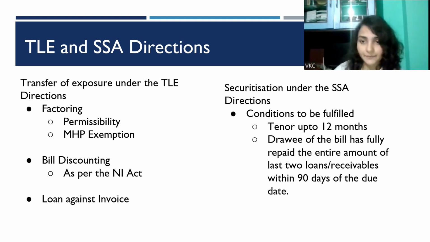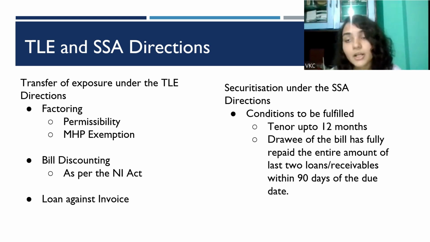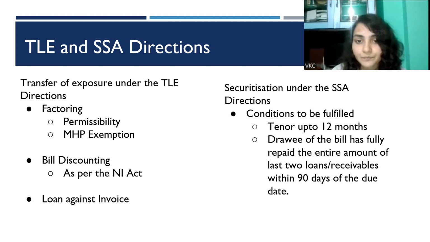So, if and only if the drawee of the bill has repaid the entire amount of the last two loans or receivables within 90 days of the due date, and the tenure of the trade receivables is up to 12 months, they will be governed by para 6 of the SSA directions and will be eligible for securitization.